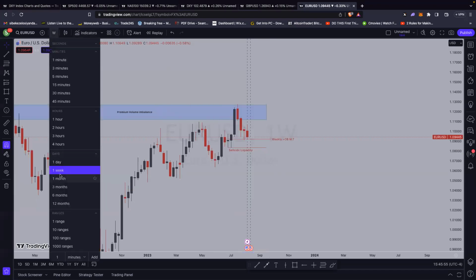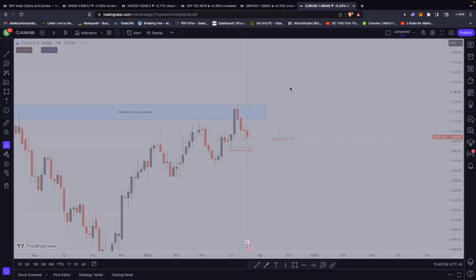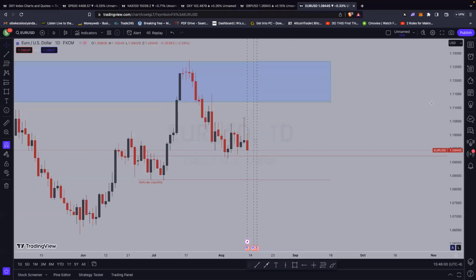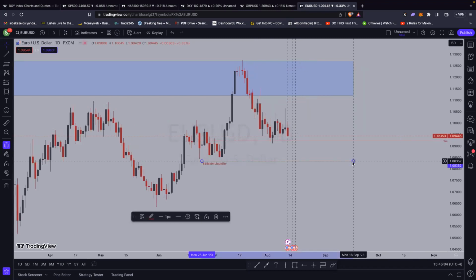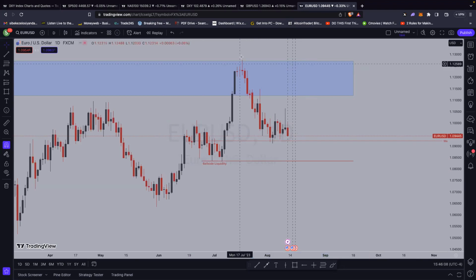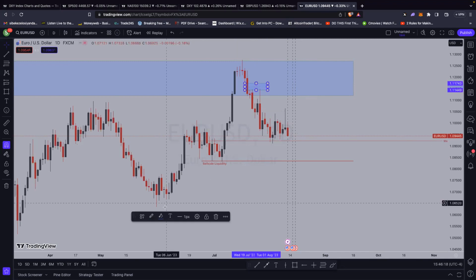So let's go to daily and see a more clear structure. Okay, so on daily we have this fair value gap, which is sell side imbalance. I'm just gonna annotate this as orange.